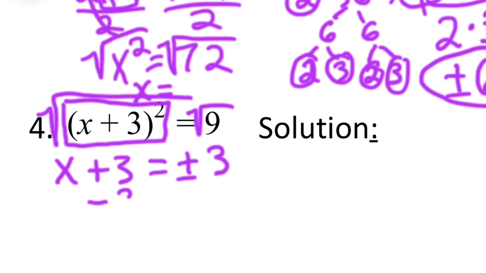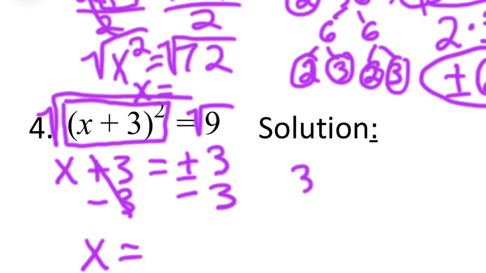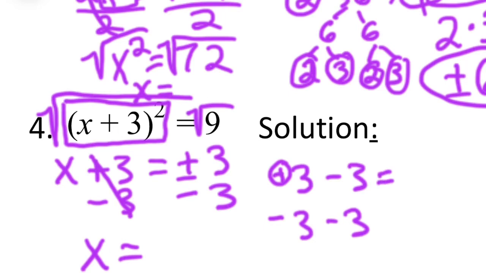So this means when we move this positive 3 over, we still have this canceled out. 3 minus 3 gives me 0. So I'm still left with x on the left side. But on the right side, I have positive 3 minus 3 and negative 3 minus 3. So I get two different answers.